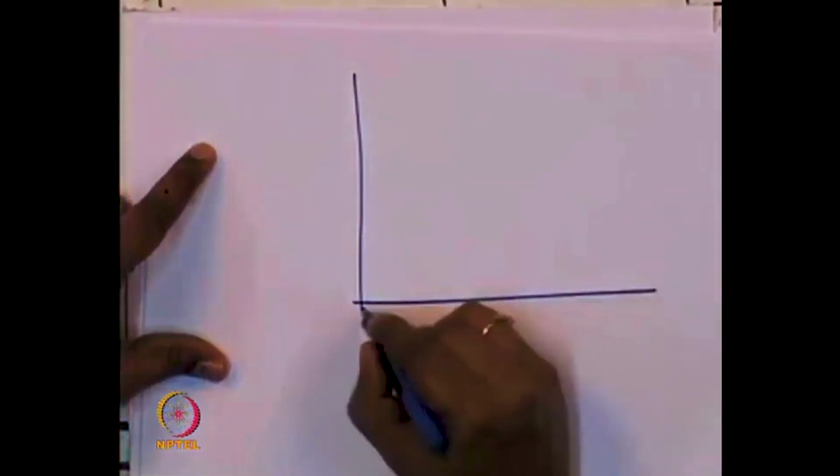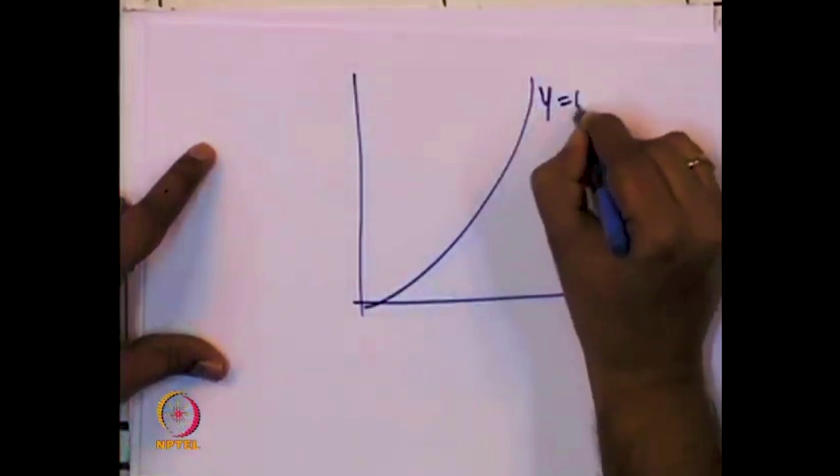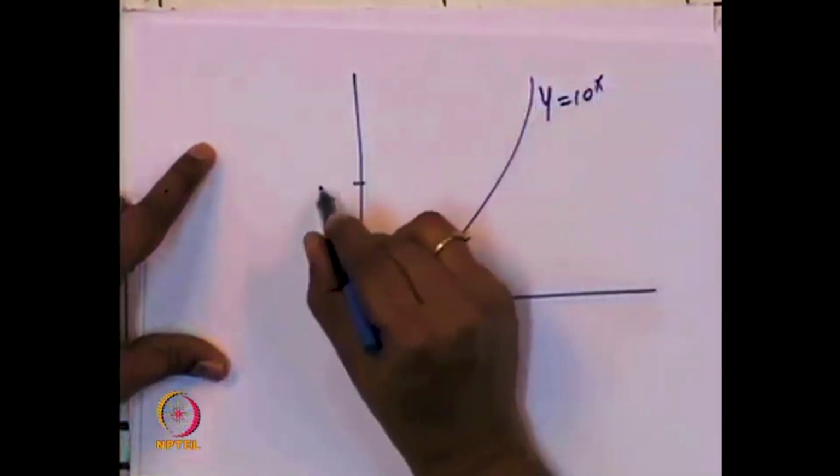So, if you want to calculate the log of something, one way to do it is that you plot the y equal to 10 power x graph, find that value on the y axis, draw lines, and wherever it hits the x axis, you get the value which is log of that. For example, just like we saw here, this is y equal to 10 power x, and let us say this is 23.